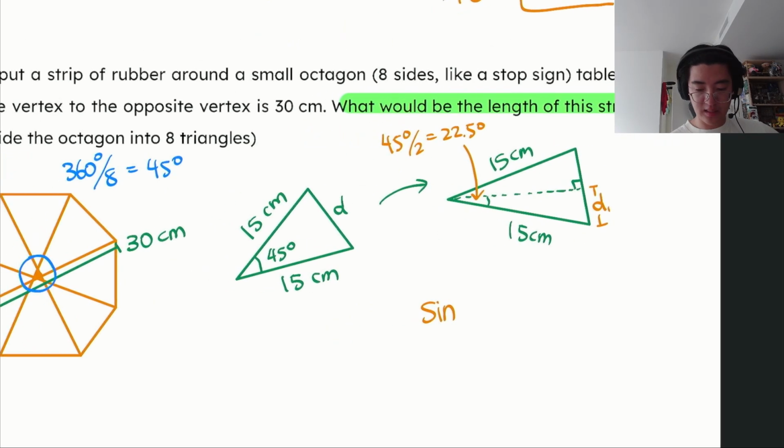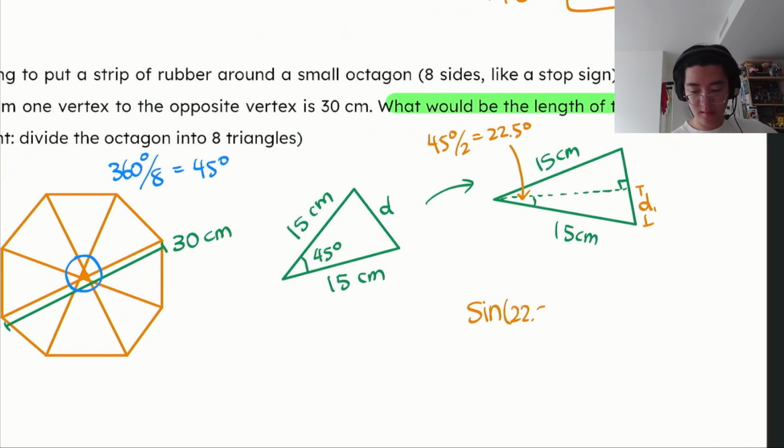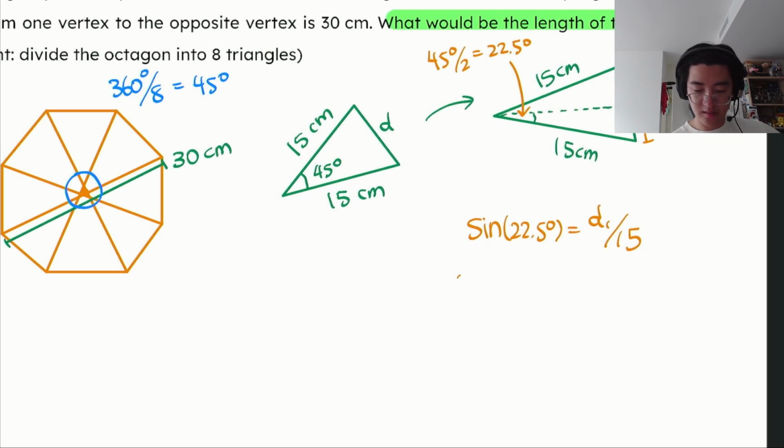So we have opposite: sine is the small distance over 15, where 15 is the hypotenuse. Let's not jump the gun here.